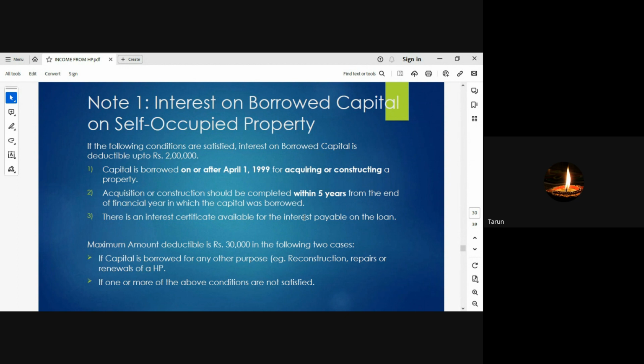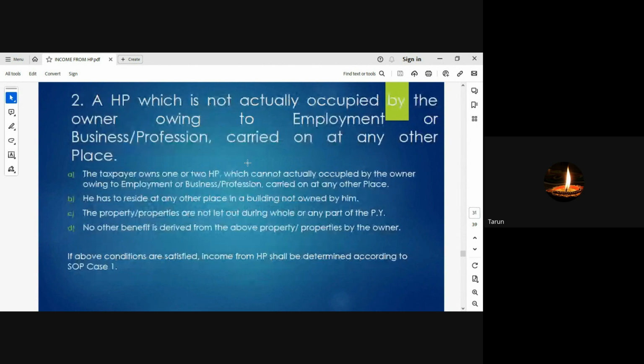If the three conditions are satisfied, then interest on borrowed capital will be allowed up to 2 lakhs only. So these are the rules you have to follow.